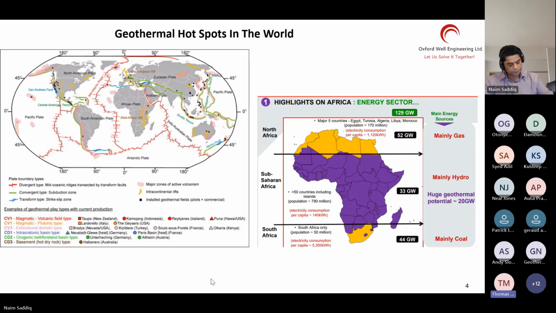Thank you, Engineer Naeem. I will start directly with the introduction. Geothermal, as we know it, is a source of energy from the earth. And the world currently is moving towards green energy due to climate change and global warming.